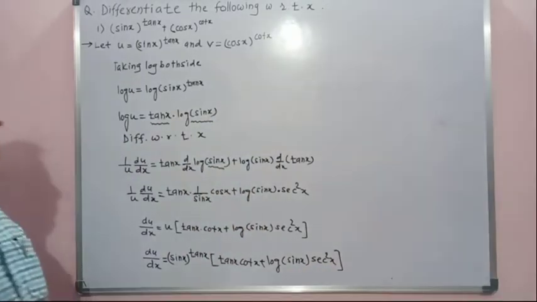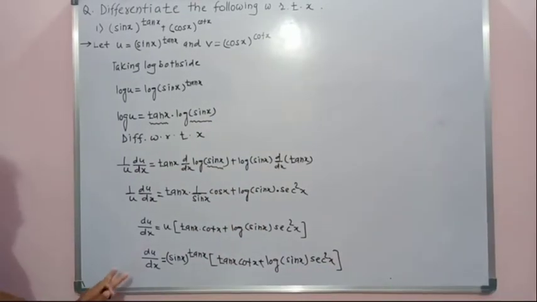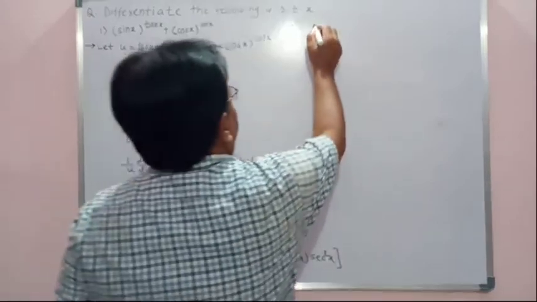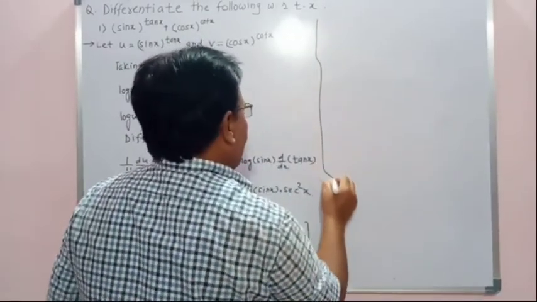This is the value of du by dx. Okay, do you understand? And next is the derivative of v.